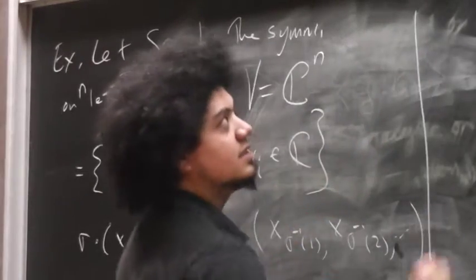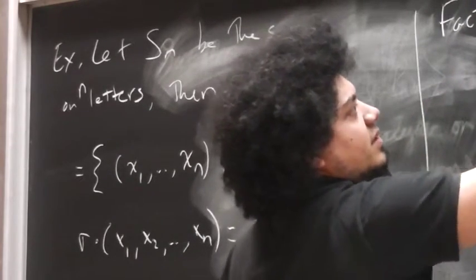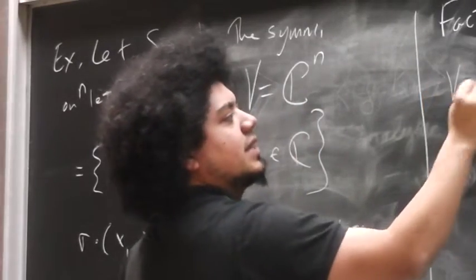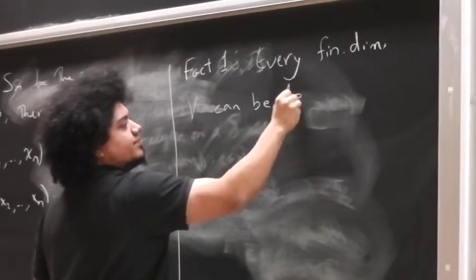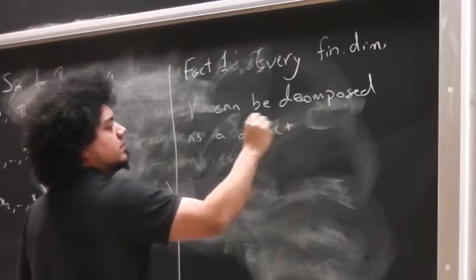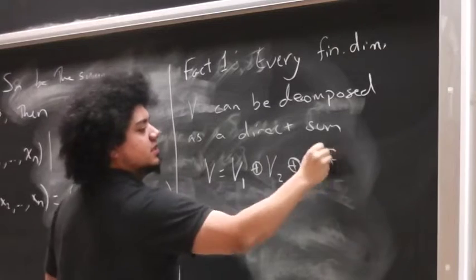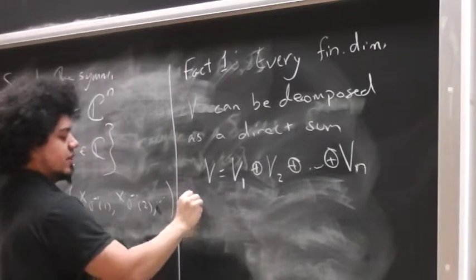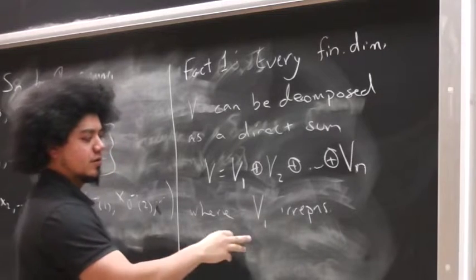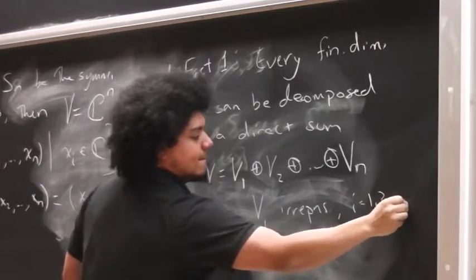So the first fact, fact one, is that every finite dimensional representation V can be decomposed as a direct sum of irreducible subrepresentations V_1 through V_N, where the V_i are subrepresentations and therefore representations in their own right, and they're irreducible for all i.